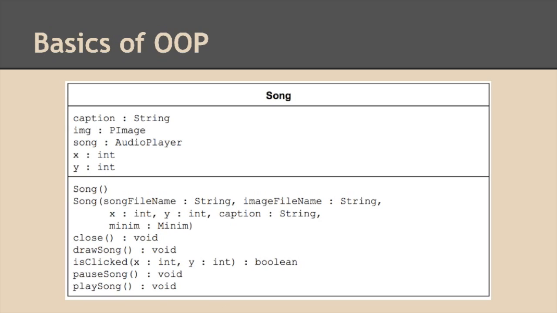Now if we return to our song UML class diagram, we'll see that we have two constructors listed. The first one is the default constructor. It takes no parameters.